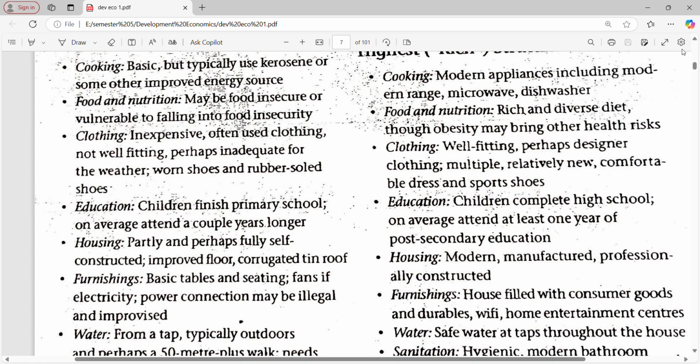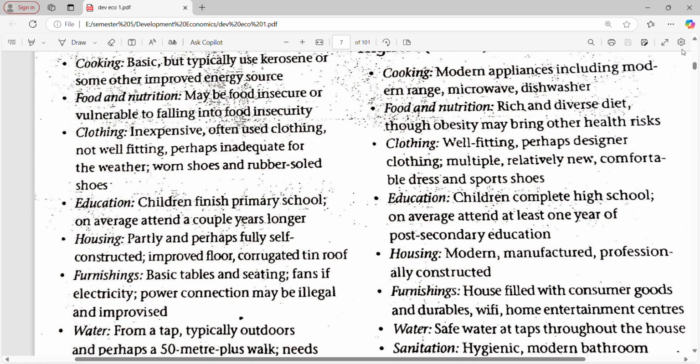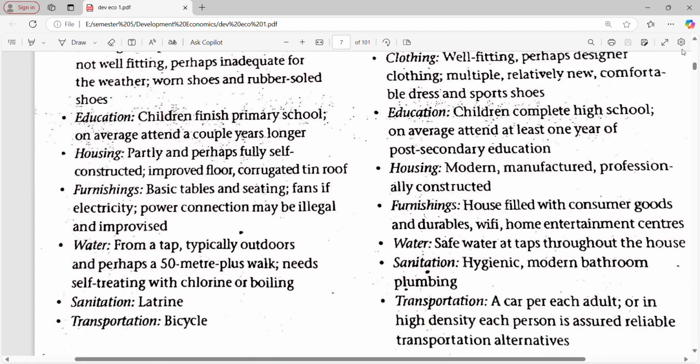Employment is informal with limited worker protections. While they may have improved housing and access to outdoor water taps, the water often requires boiling. They use kerosene or other energy sources for cooking. Although better off than those in extreme poverty, they still face significant deprivations. Okay, you can see these things.